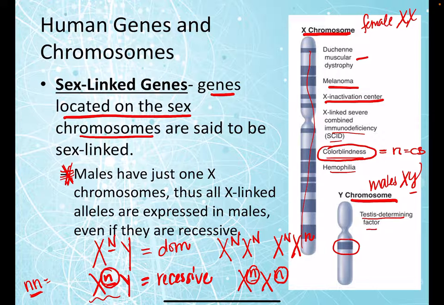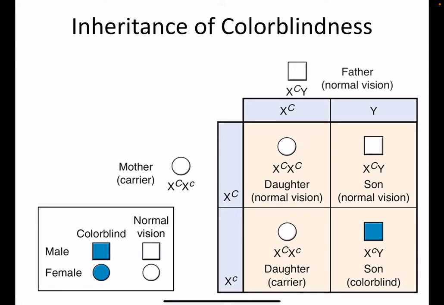For that reason, color blindness is a lot more likely in men than it is in women, okay? The same is true for all of these genetic conditions. All of these are going to be more common in men than women because they only have to have one copy, whereas the women would have to have two in the recessive condition, okay?